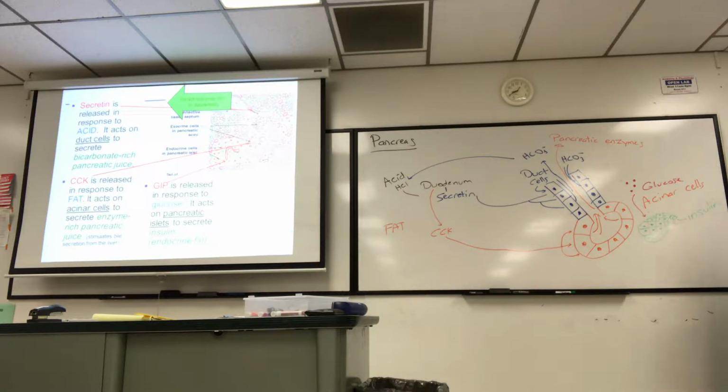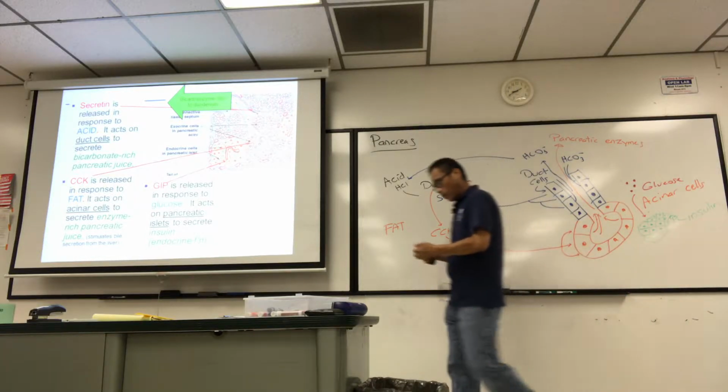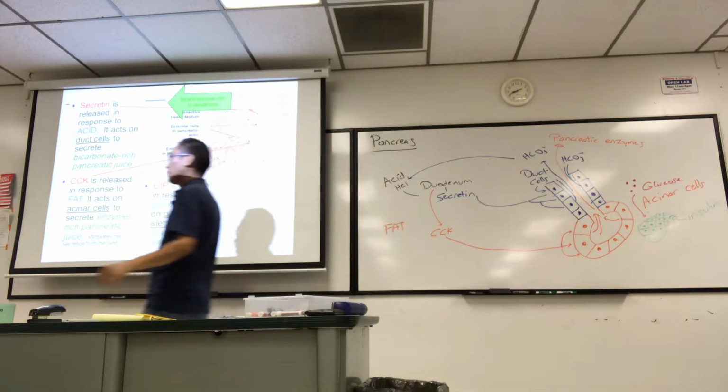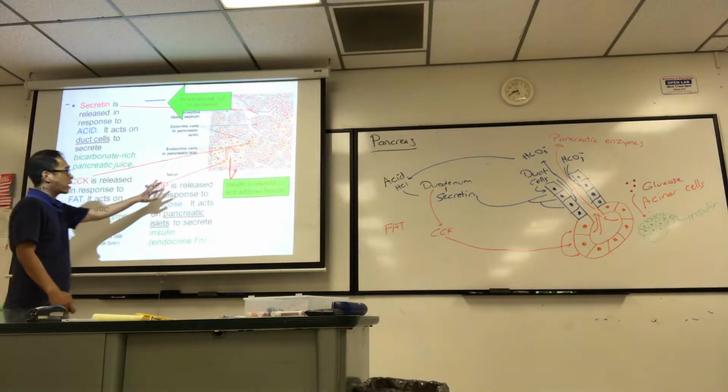We already talked about insulin way before. It's only 7 weeks ago, but it feels like a lot longer. Go back and look at insulin if you need to. You still aren't responsible for that. So on the picture, the pancreatic islet is right here.